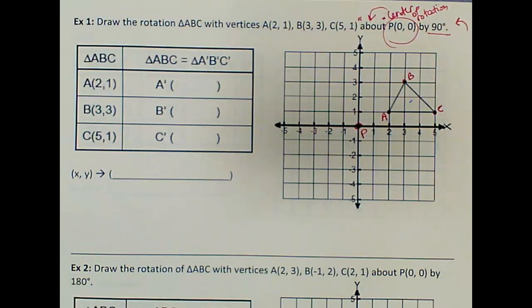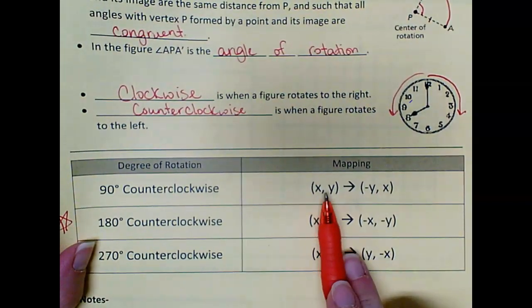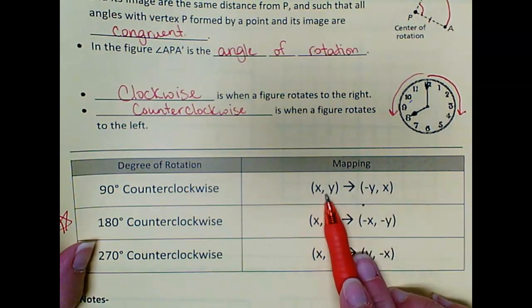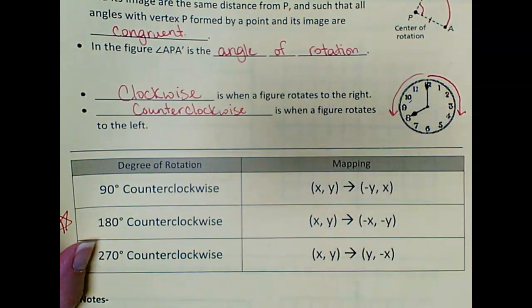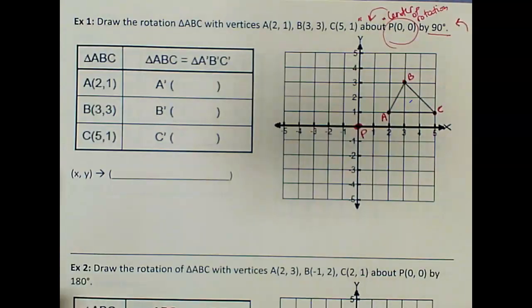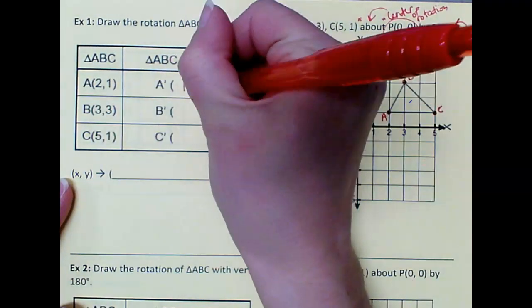So look back. If you are rotating 90 degrees, that means that any point (x, y) is mapped to the point (negative y, x). So you switch your x and y, and then you make your new x value negative. So let's do that here. Let's switch x and y. So instead of (2, 1), we have (1, 2).